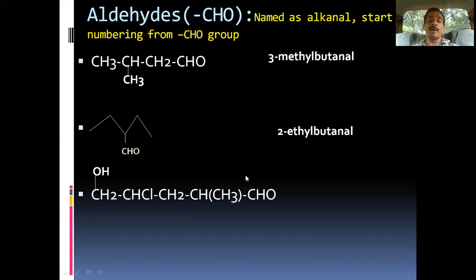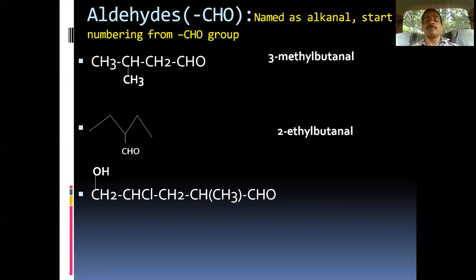CHO will get number 1, number 2, number 3, number 4, number 5. So in the 5th carbon atom an OH group, 4th carbon atom a Cl group, and in the 2nd carbon atom a CH3 group. So except CHO, all of this will be considered as substituents. It is a methyl substituent, it is a chloro substituent, it is a hydroxy substituent.